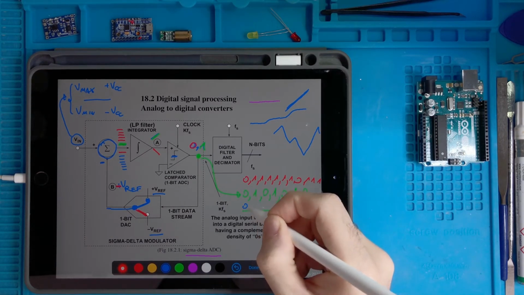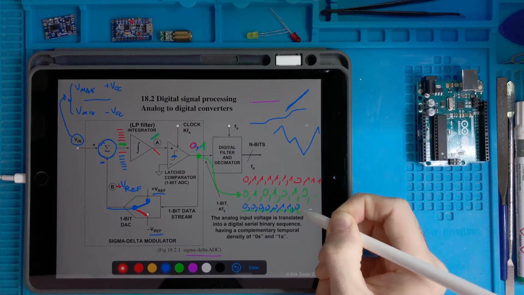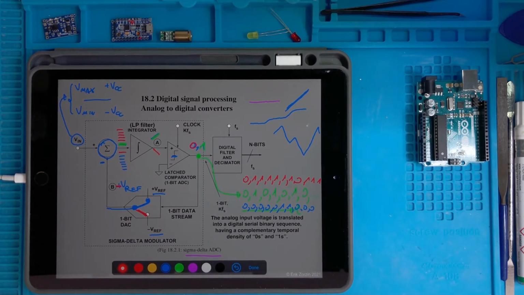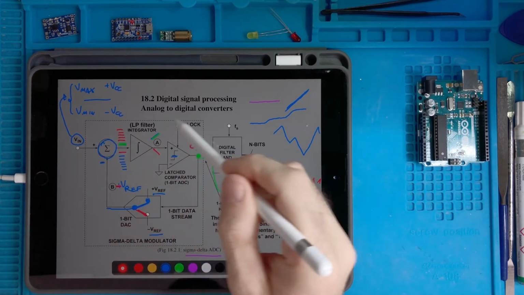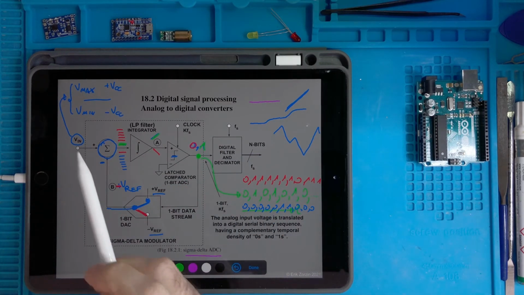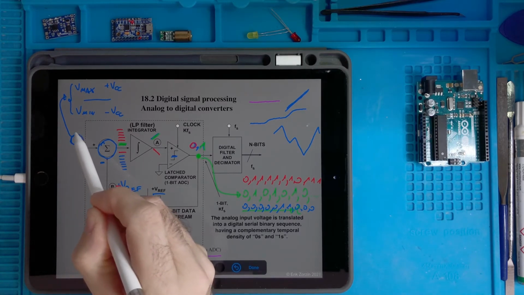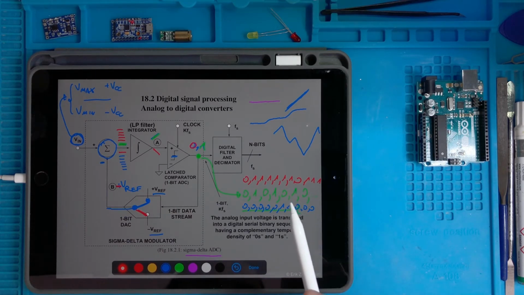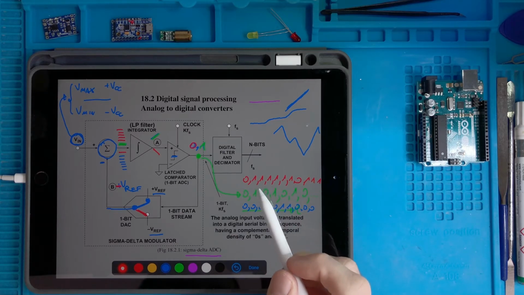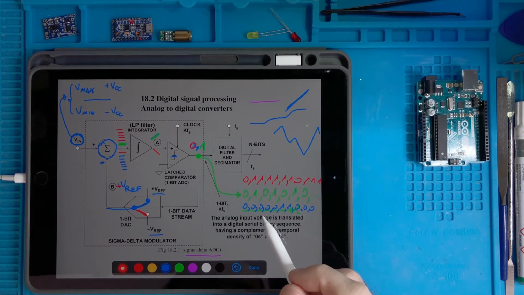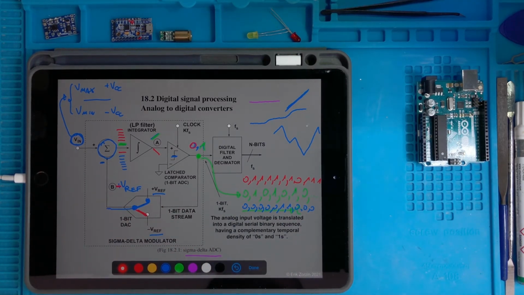So we will have something like 0, 0, 0, 0, 0, maybe 1, 1, 0, 0, 0, and so on. So this strange closed loop transforms an analog signal, because this can now vary in time, into a serial sequence of 0s and 1s, where the percentage of 1s versus 0s is the representation of the voltage.